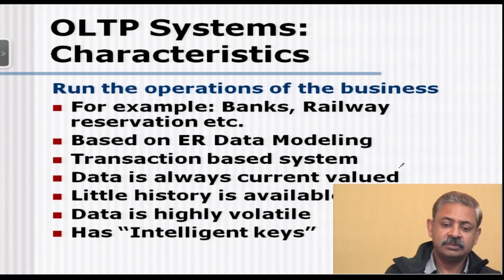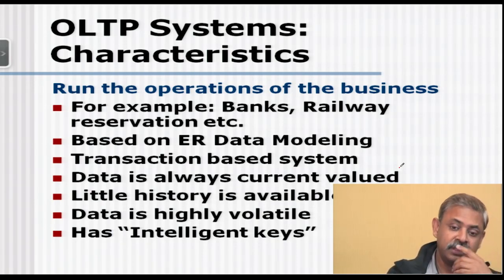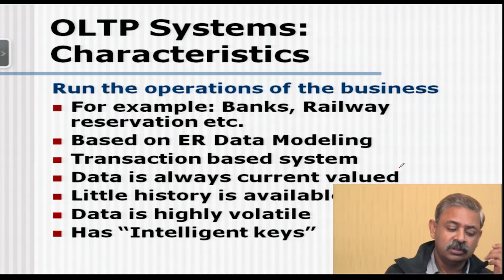And it is a transaction based system. That means they are highly optimized for carrying out transactions, and these transactions are typically repetitive in nature. And data is always current valued. Like if you see the examples that I've given on top, banks and railway reservations, your operational system has to be current all the time.